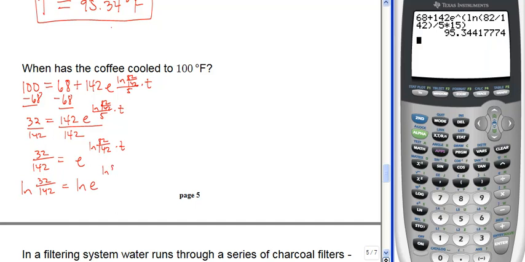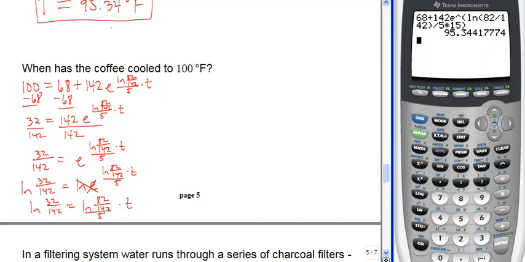And that should cancel out my e, giving me just ln of 82 over 142 times t. And to finish it off, oops, I lost my 5 somewhere up here. Let me put it back in. It was divided by 5.